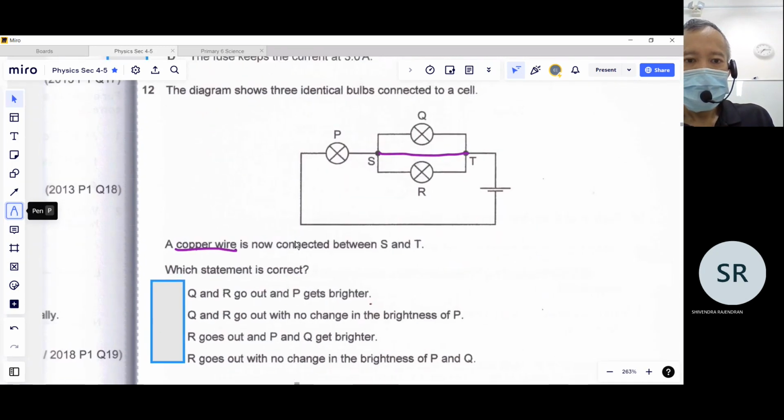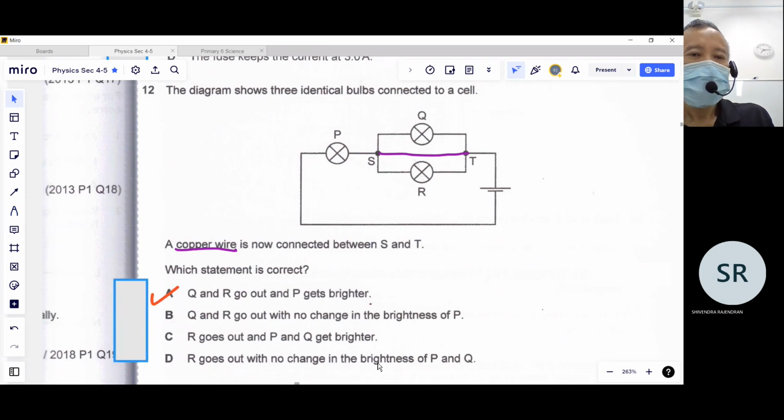R goes out and P and Q get brighter. No. This one is very tricky. Try to get it right. They already stress copper wire. Copper wire is a good conductor.